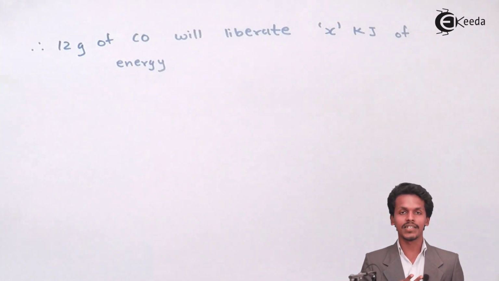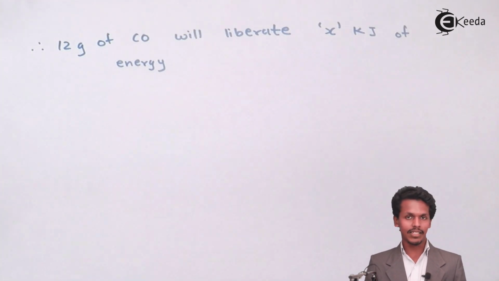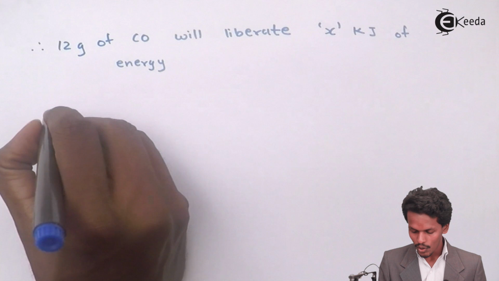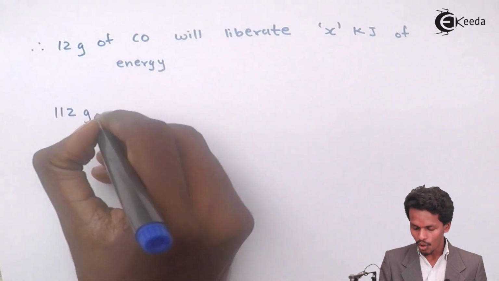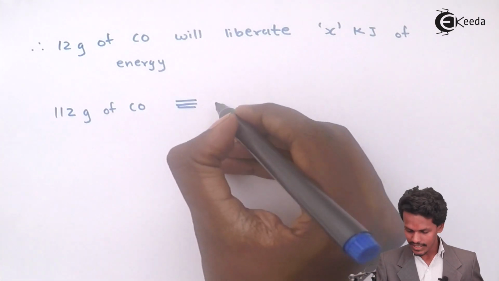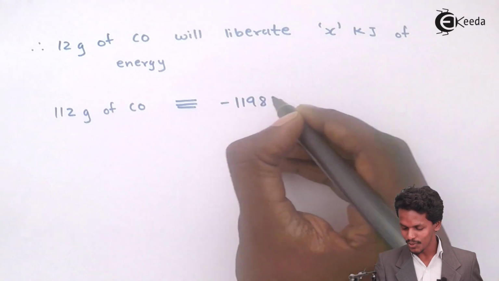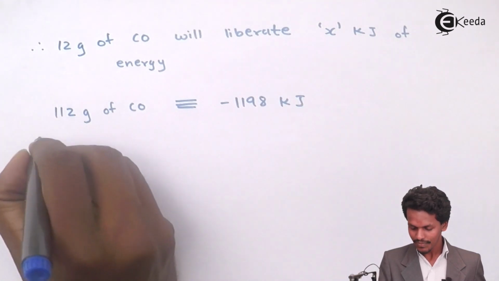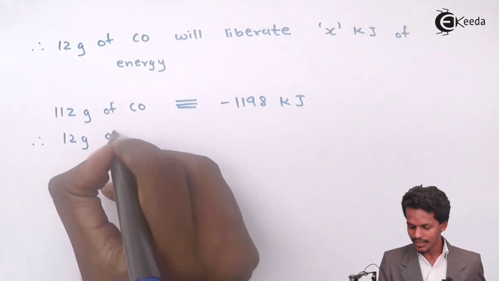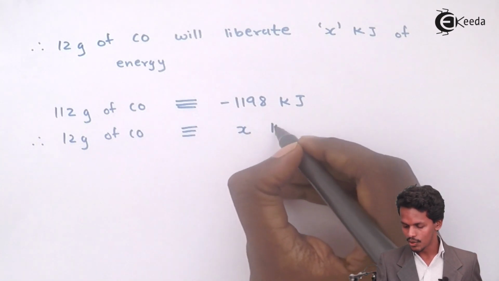So we have two conditions, and we can do a cross multiplication. If 112 gram of carbon monoxide liberates minus 1198 kilojoule, then 12 gram of carbon monoxide will liberate x kilojoule.